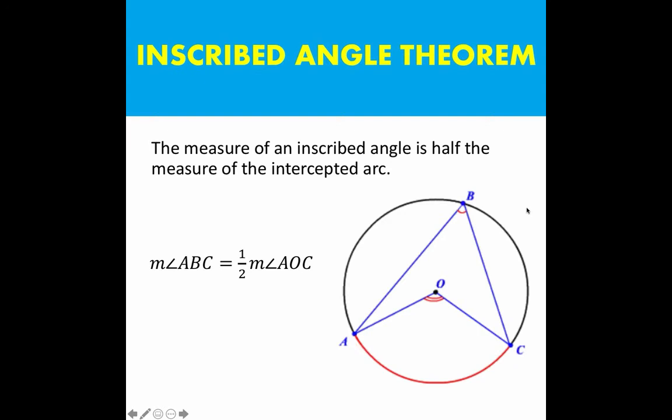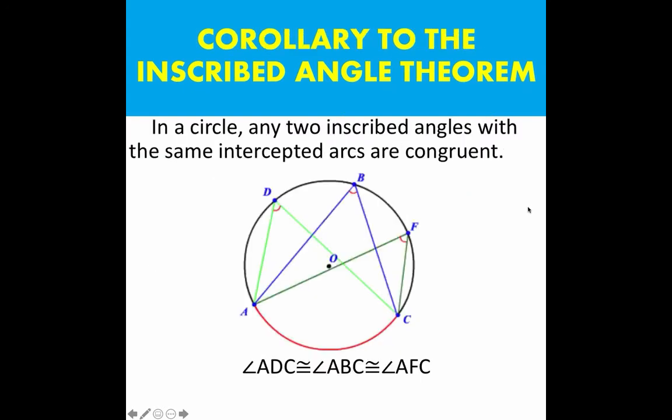And corollary to this inscribed angle theorem, when we have a case where we have 2 or more inscribed angles with the same intercepted arc. For example, in this figure, we have this inscribed angle ADC and another inscribed angle ABC and another inscribed angle AFC. All of them have this common intercepted arc AC.